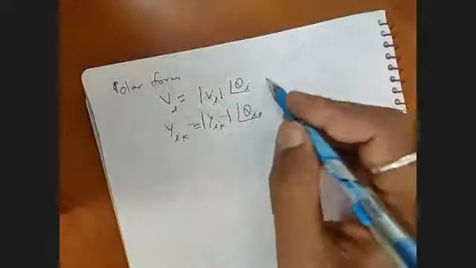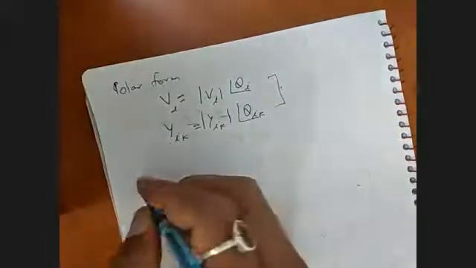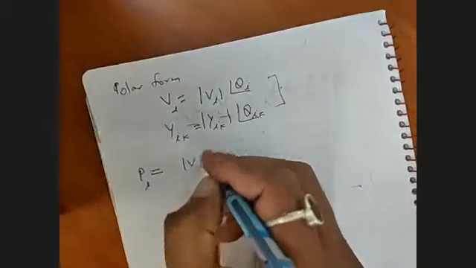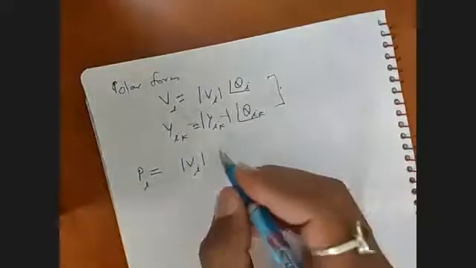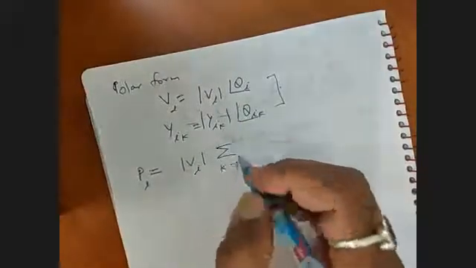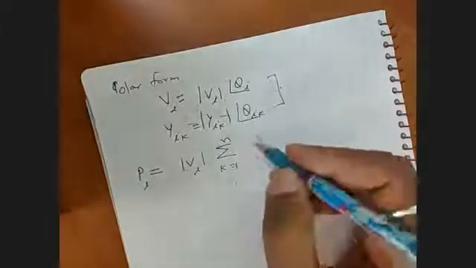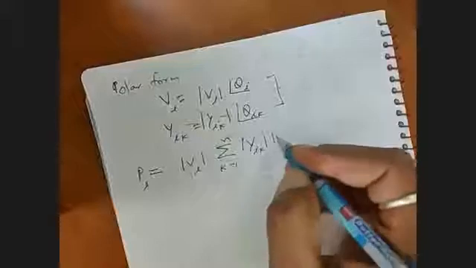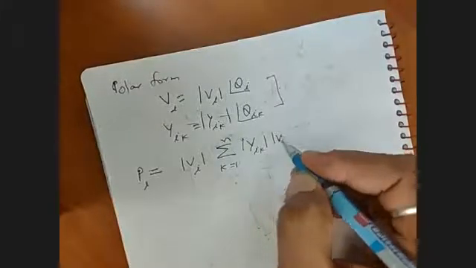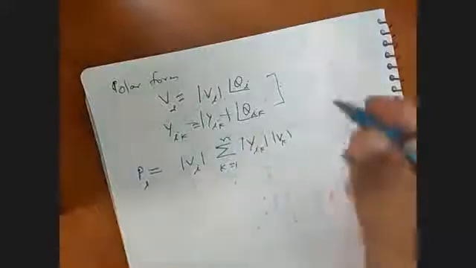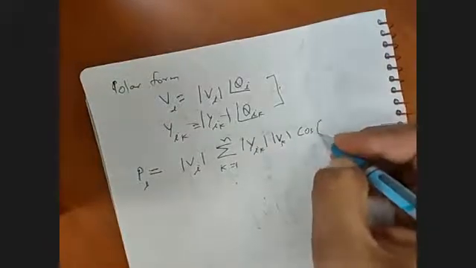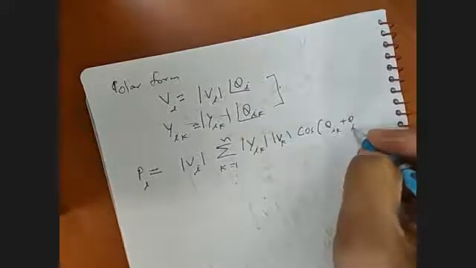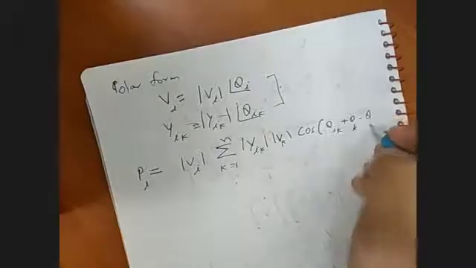So this we are using in that equation, that means Pi will become magnitude of Vi, summation k equal to 1 to n, magnitude of Yik, magnitude of Vk, cos of theta ik plus theta k minus theta i.